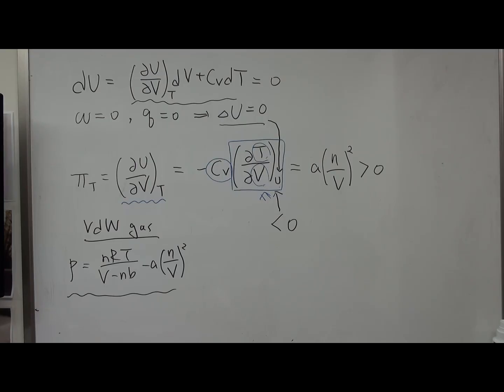Which means that if you do this Joule expansion experiment, as you do the expansion, temperature decreases. But Joule could not. There is temperature decrease, but he could not measure it. Okay? That's how we determine internal pressure from experiment. Okay. Right?